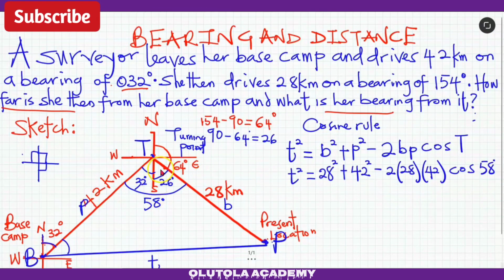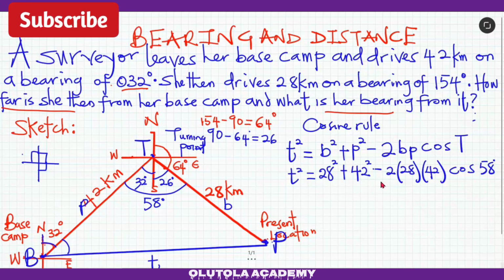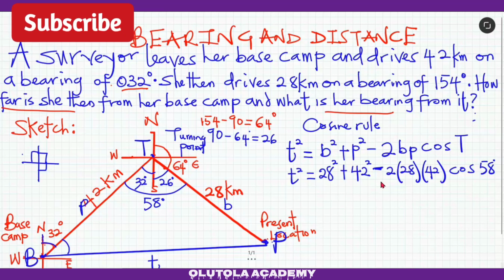58 is angle t. Okay, now in some textbooks, some study material, we have this to be plus. They will put this plus, while some use minus. I'm using minus here because I'm using the acute angle of the known angle.